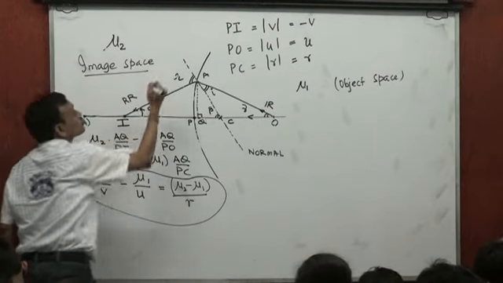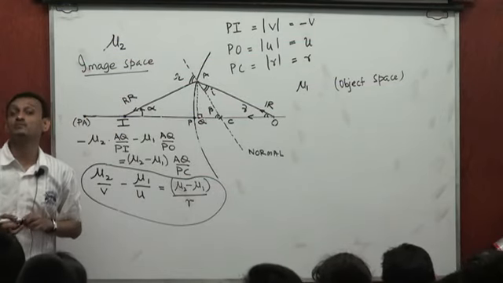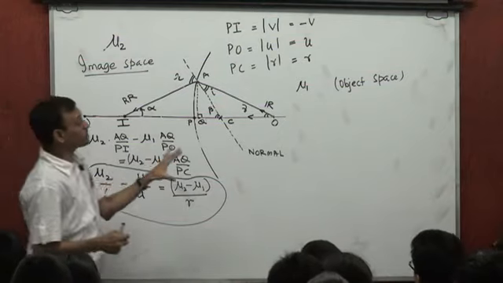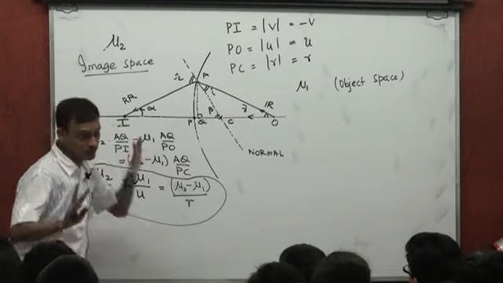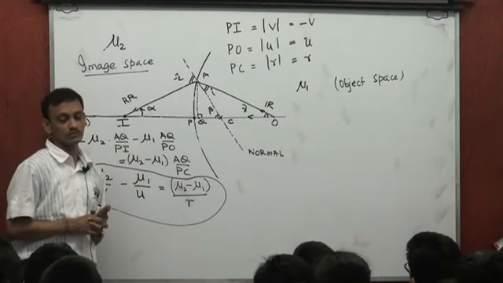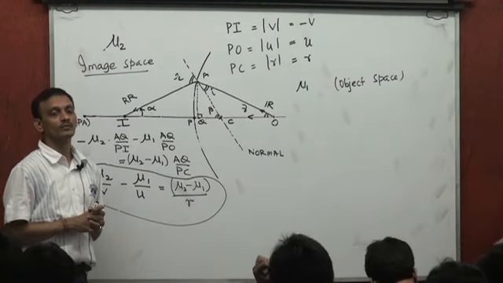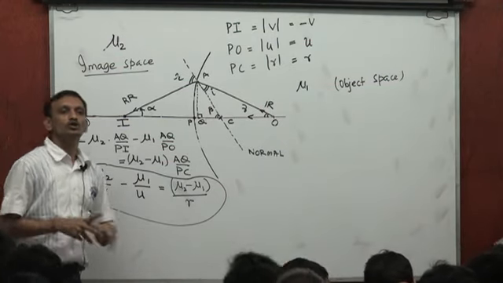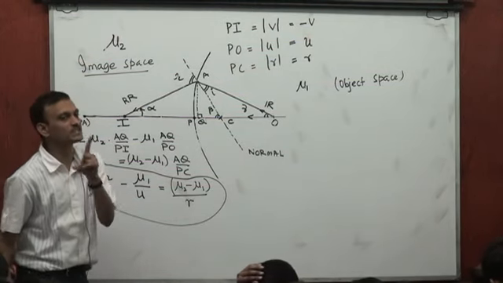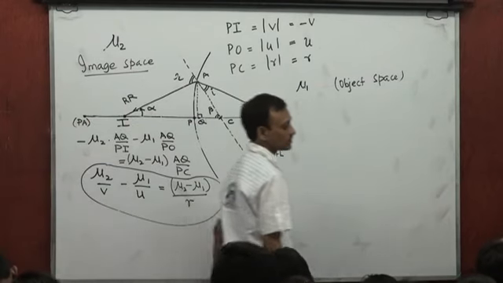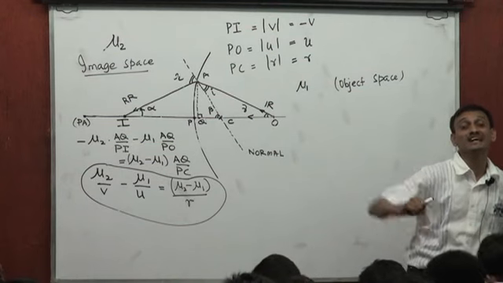It is very misleading to call that the object space and this the image space. Your first temptation would be to believe that, well, object space because the object is located there, image space because the image is located there. In fact, the object space is where the incident ray lies.